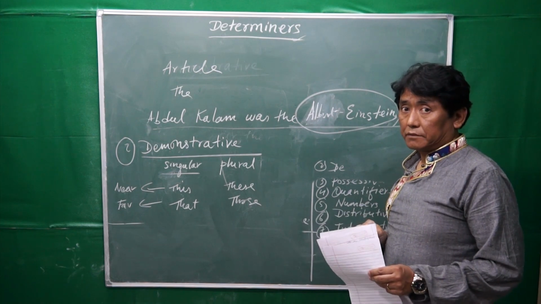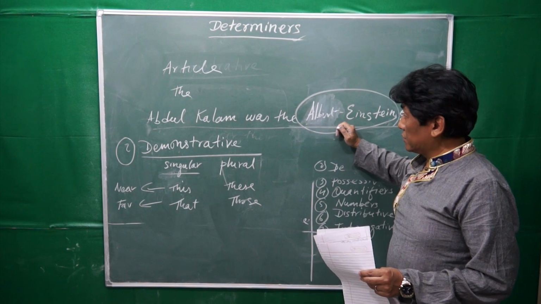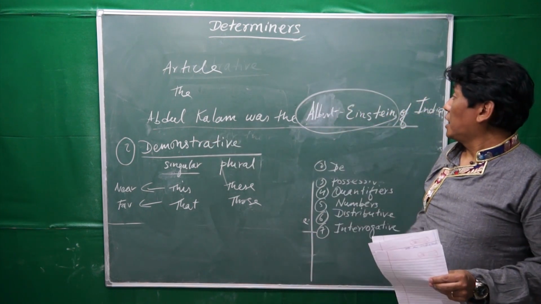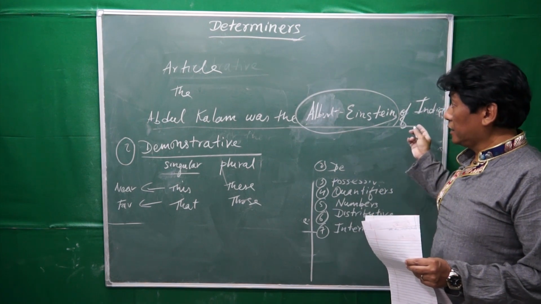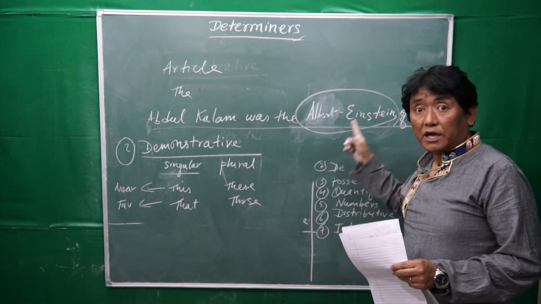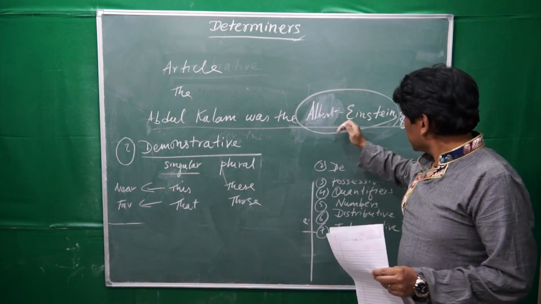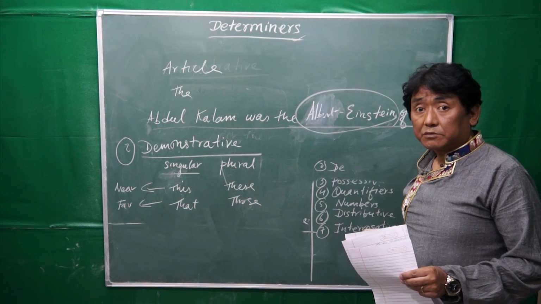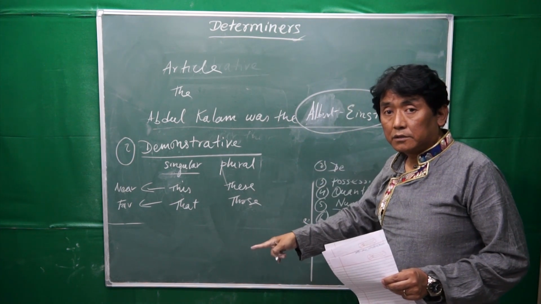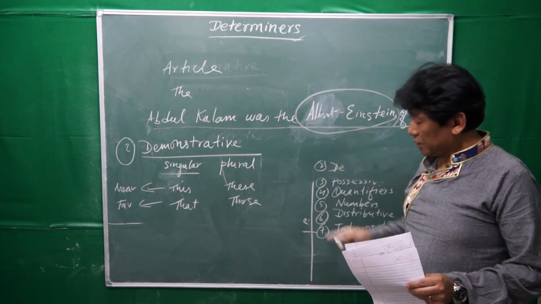What does that mean? It means Abdul Kalam was the greatest scientist of India, right? So this proper noun has been used like a common noun. That is what the last rule of article is.